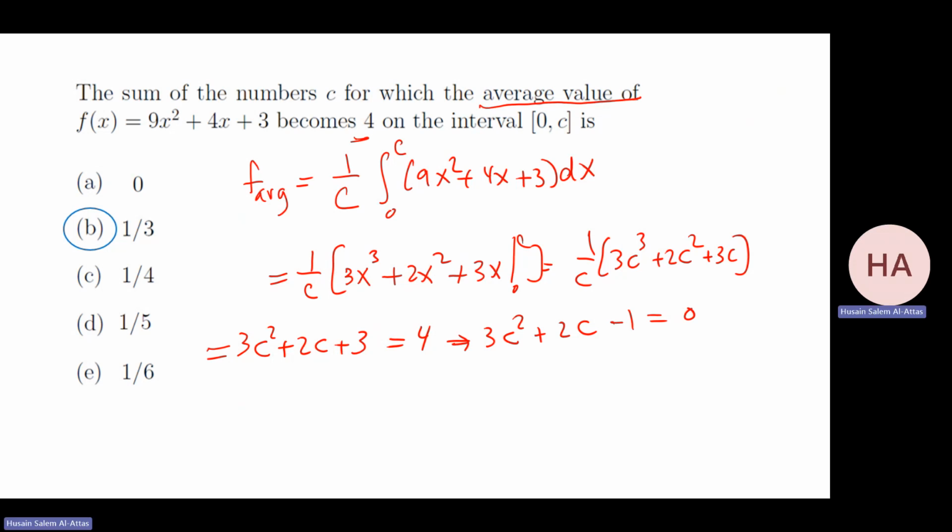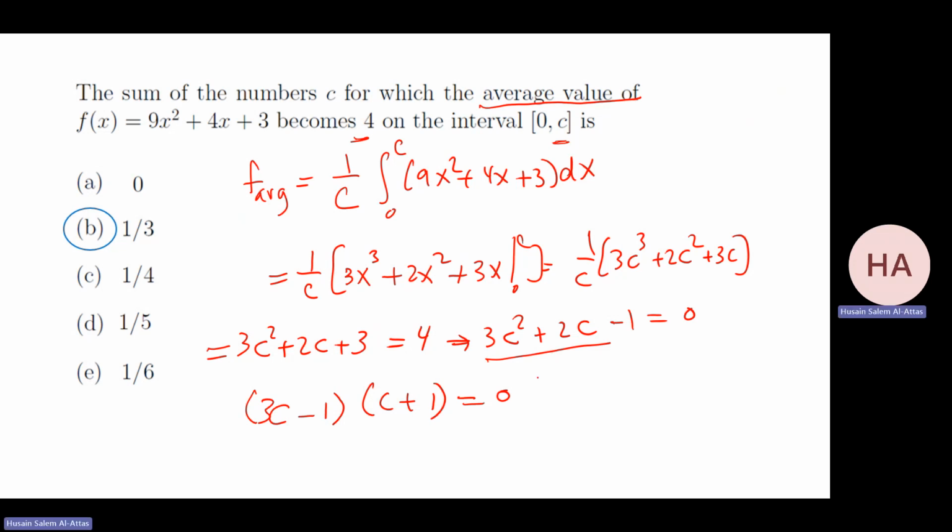Now you need to check, and know these values are between 0 and c. So I'm getting 3c minus 1 times c plus 1 equal to 0.